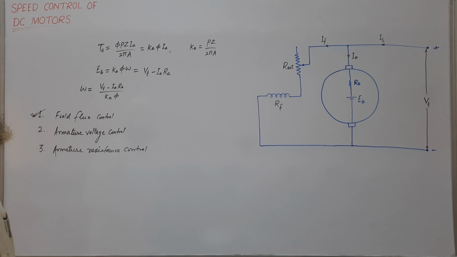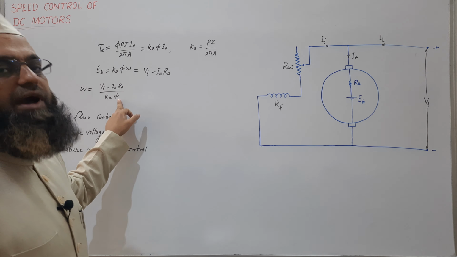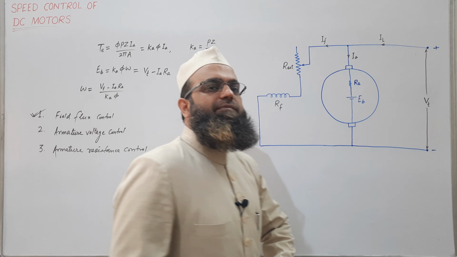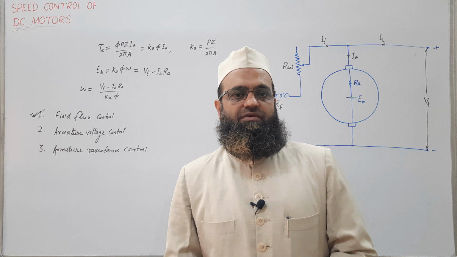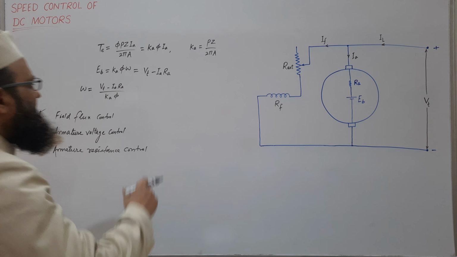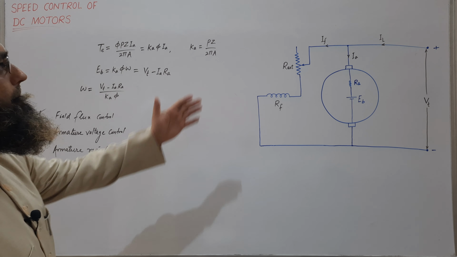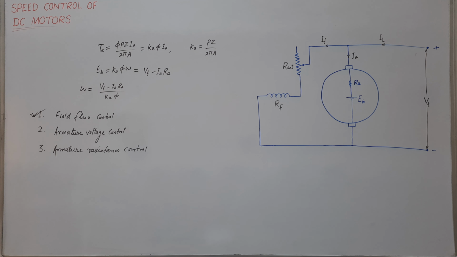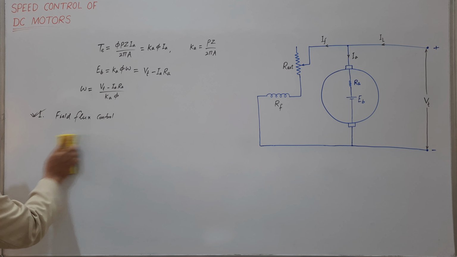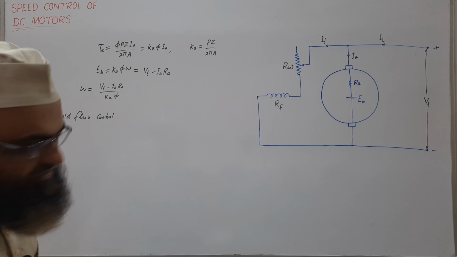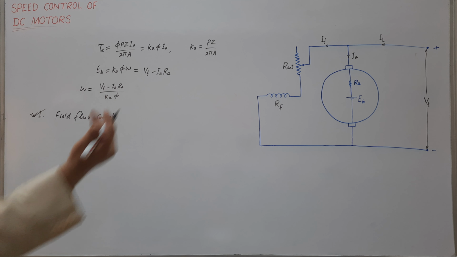In field flux control, we are going to control this phi by varying field current, and field current can be varied by varying effective field resistance. So if we take the example of DC shunt, first write field flux control, and under this first we will discuss for DC shunt then for series.